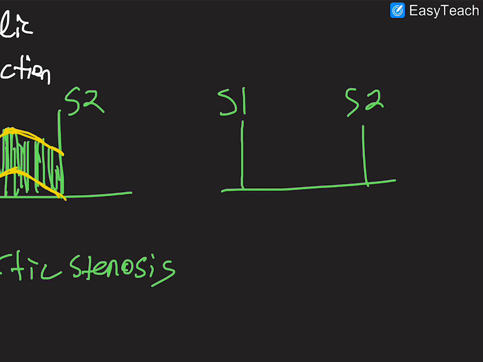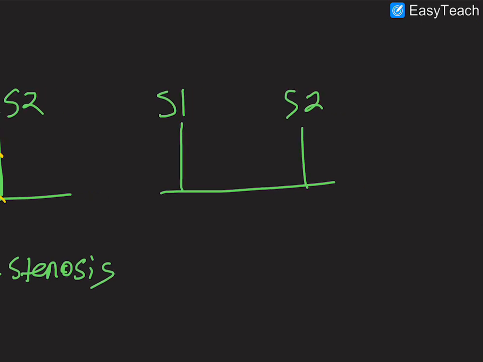The heart contracts, the mitral valve and the tricuspid valve close. Blood will rush through our aortic valve and pulmonic valve and go into the aortic circulation and pulmonary circulation. But once it comes time for the aortic valve to close, it doesn't close properly. That's why we have regurgitation.